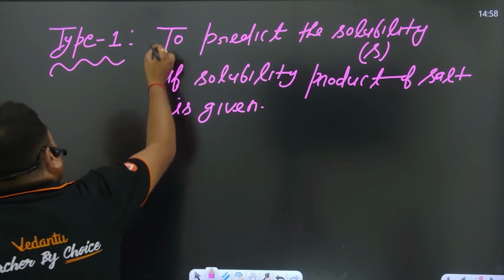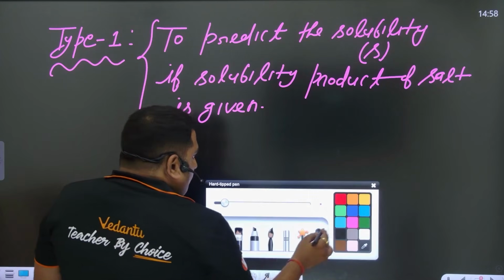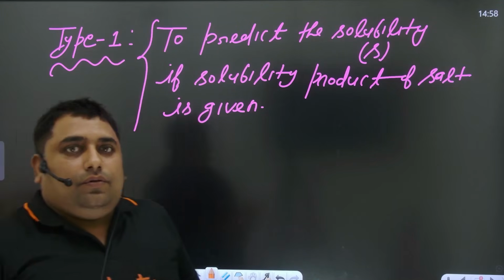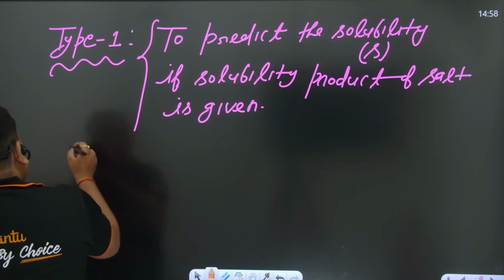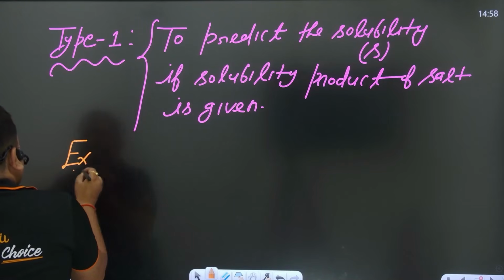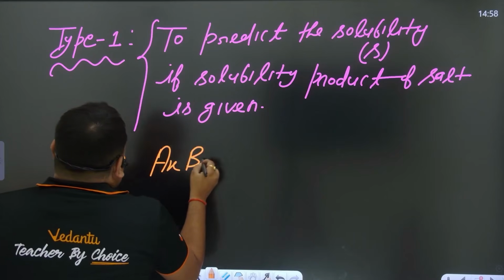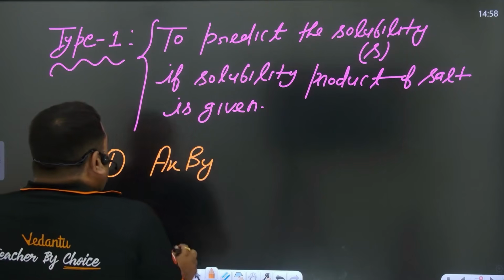So how to solve this type of question? What is the approach for this type of question? So I am taking a general example of a salt. For example, AxBy, this type of salt is given to you.